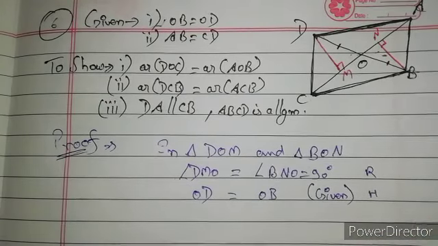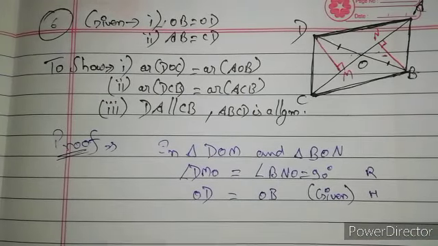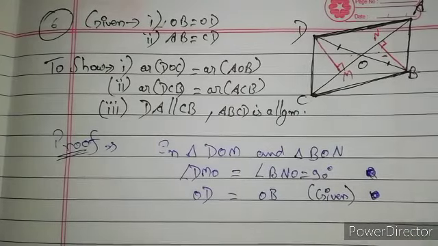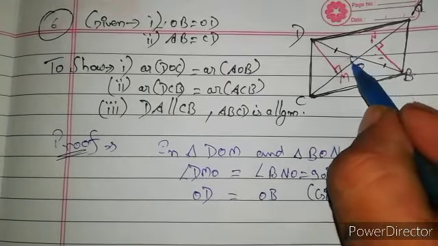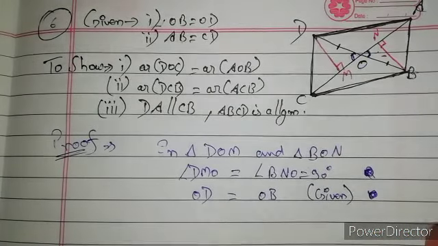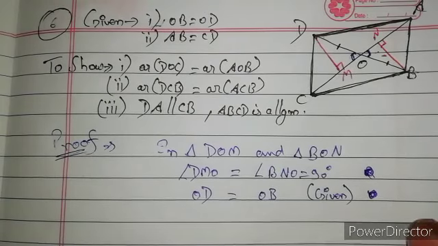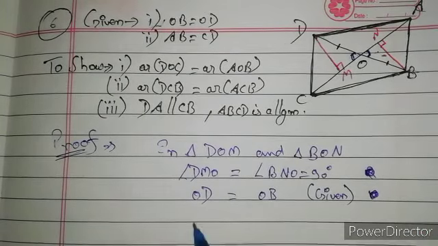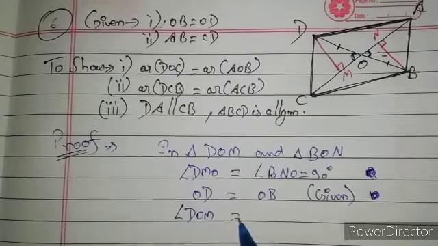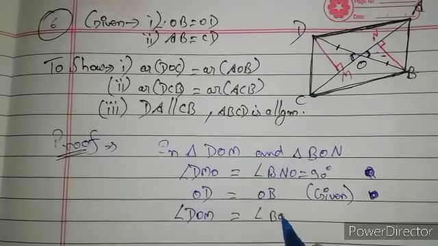It is given. So it is a right angle, this is the hypotenuse, and we need one more side. Here we don't apply the right angle hypotenuse rule. We can just show that these two angles are equal, because whenever two lines intersect each other, their vertically opposite angles are equal. So angle DOM is equal to angle BON.